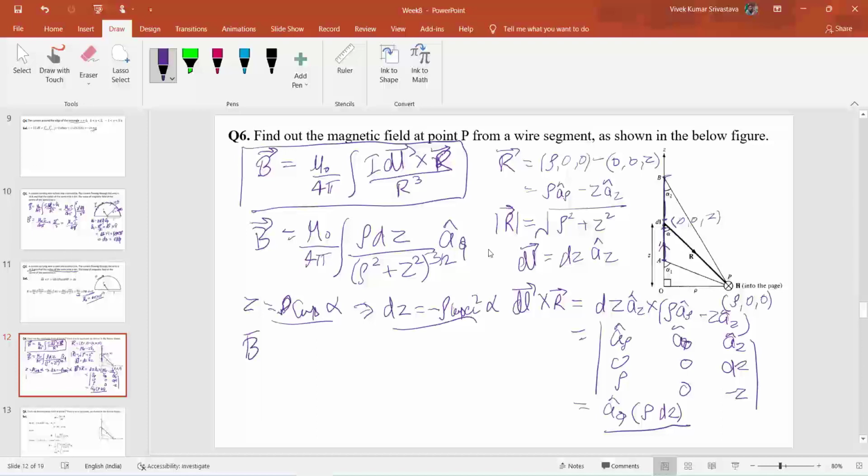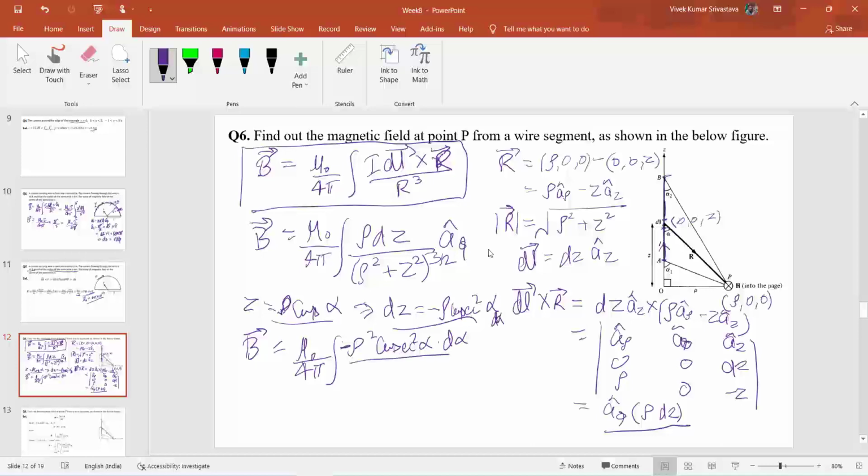So B is obtained as mu naught over 4 pi integral minus rho square cosec square alpha d alpha. Yeah, here I was missing d alpha.